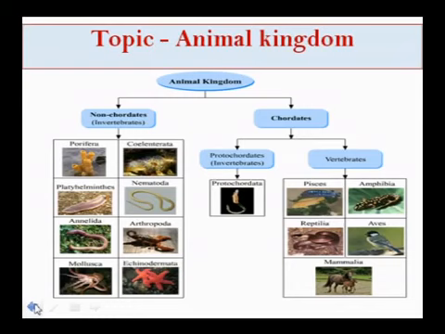Under Pisces you are going to study two more classes, Chondrichthyes and Osteichthyes. In Tetrapoda we are going to study the classes Amphibia, Reptilia, Aves as well as Mammalia. So let us start the questions and see what the options are.